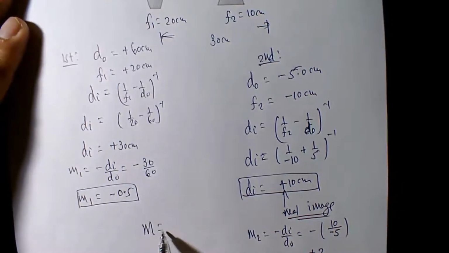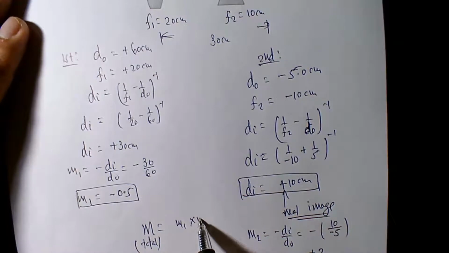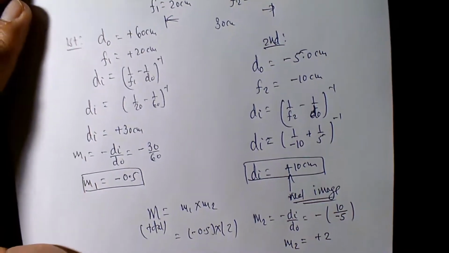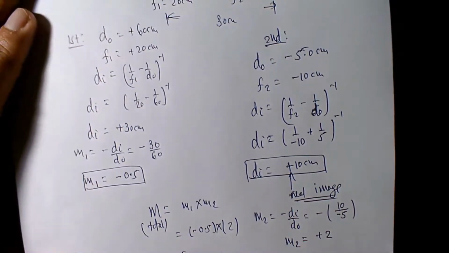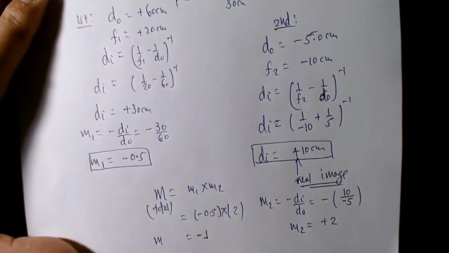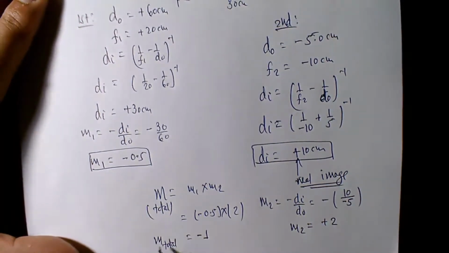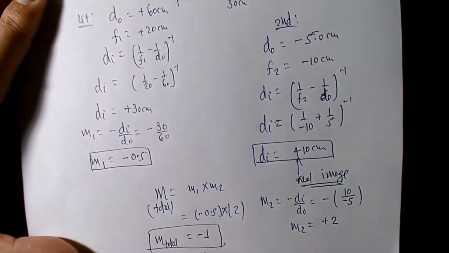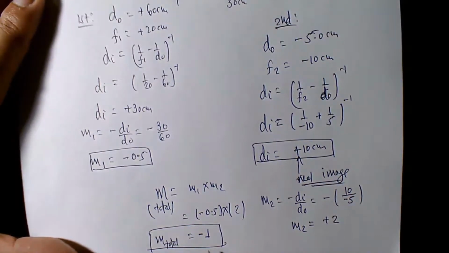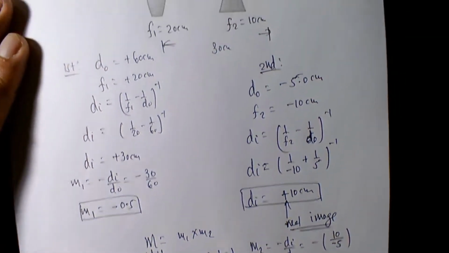The overall magnification, total, is M1 times M2: negative 0.5 times 2. So it's the same size, but inverted. A real, inverted and same size image will be formed.